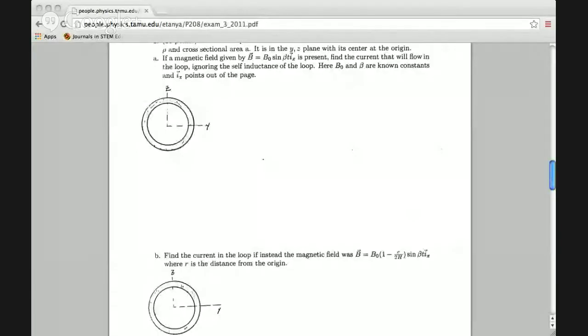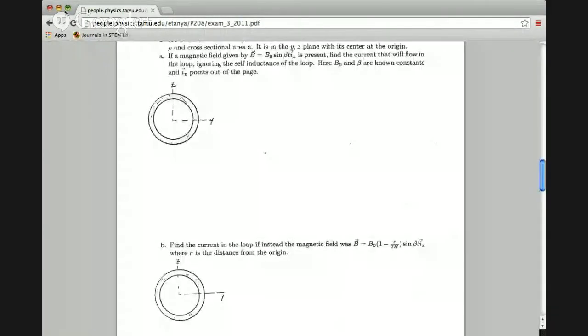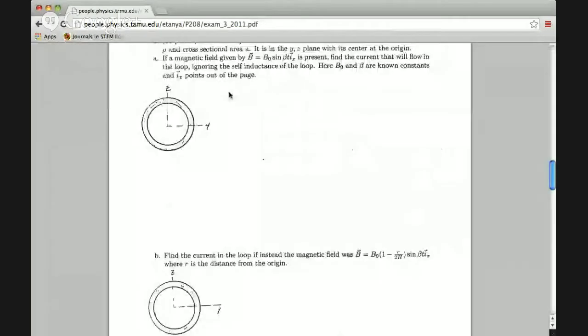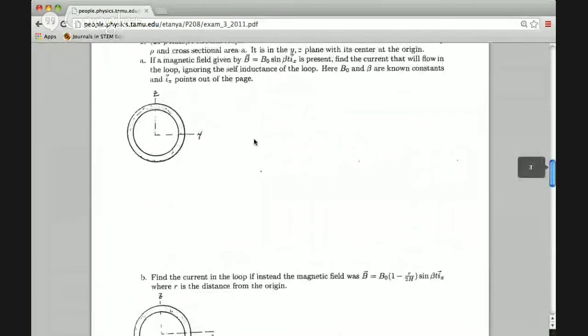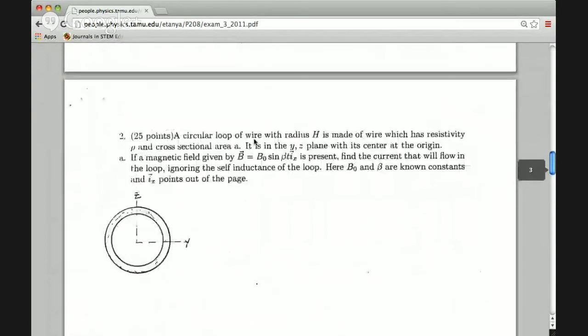So this looks like a question with a current-carrying wire. It's a loop in this case. We have some changing magnetic field through it, and we want to find the current induced, it looks like.